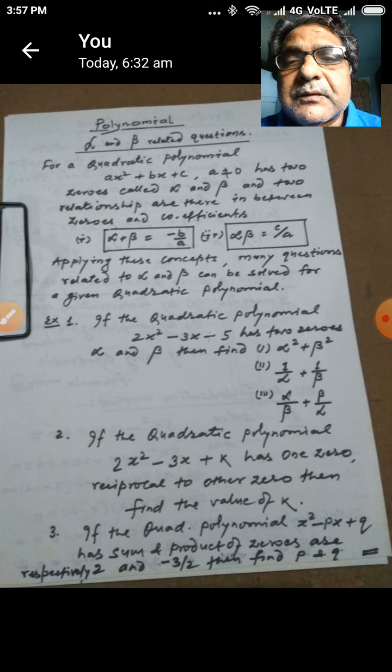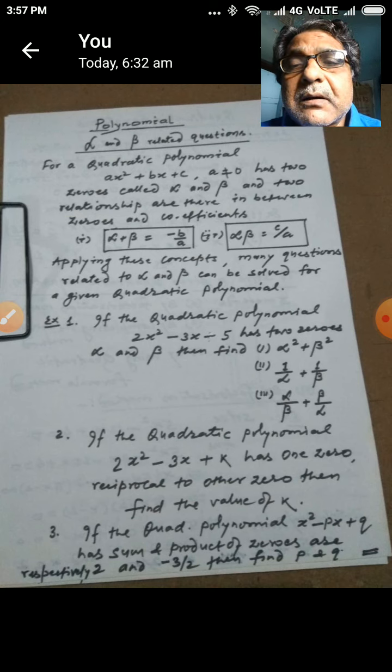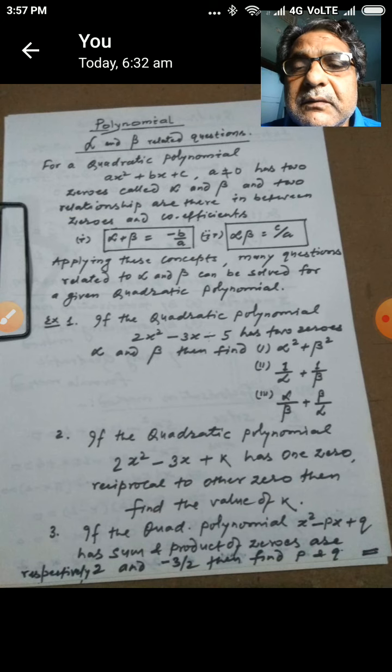For a general form of quadratic polynomial, ax square plus bx plus c, where a is not equal to 0, we have also seen the relationship between zeros and coefficient. So there are two relationships in case of quadratic polynomial.